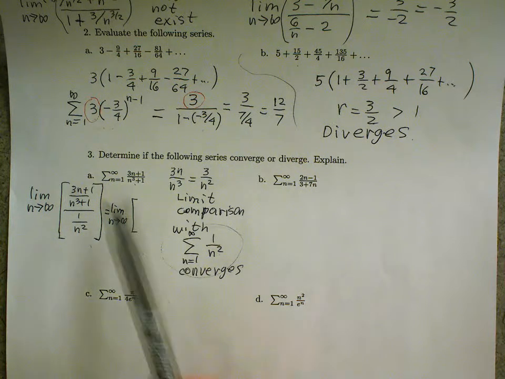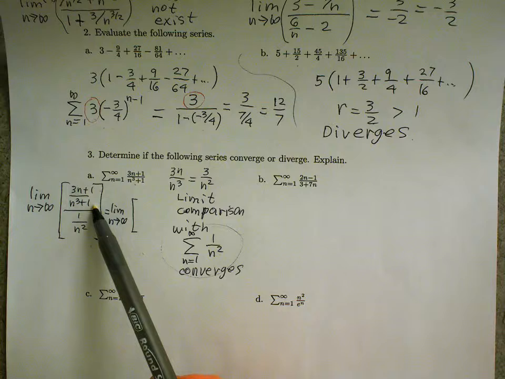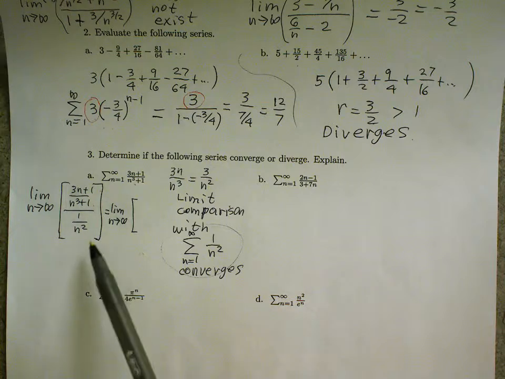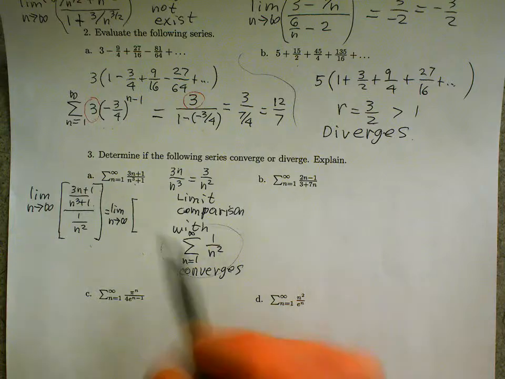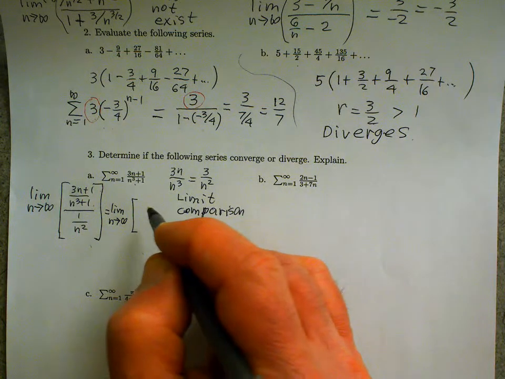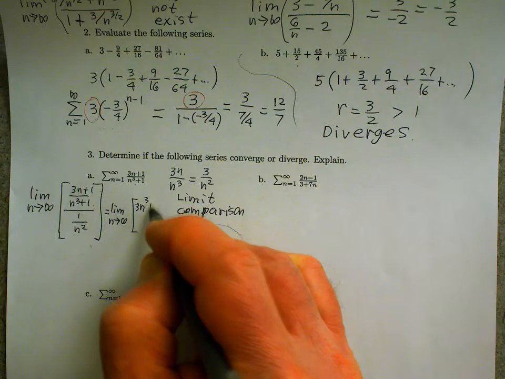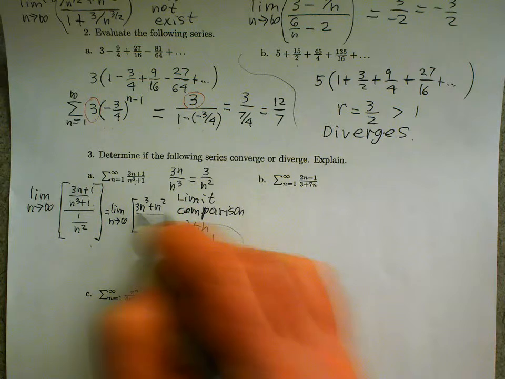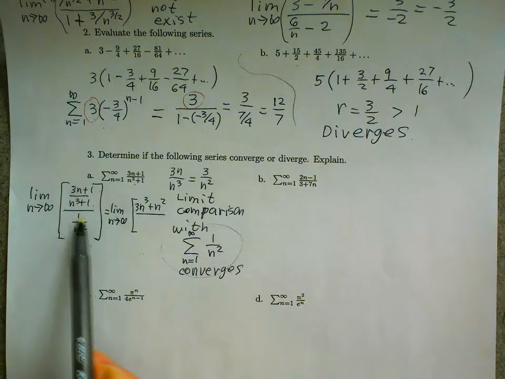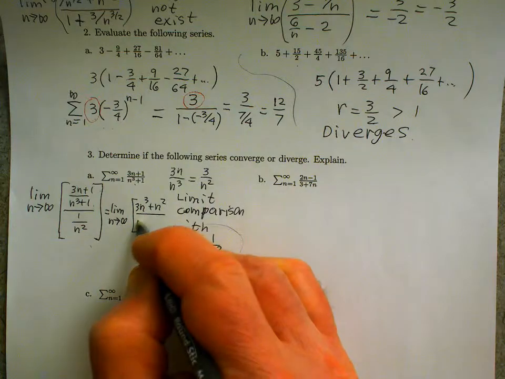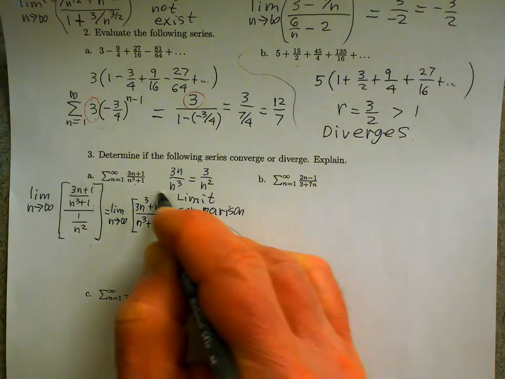So in other words, multiply 3n plus 1 over n to the third plus 1 by n to the second over 1. Do you see that? So when we do that, in the numerator, 3n plus 1 times n to the second is 3n to the third plus n to the second. And in the denominator, 1 times n to the third plus 1 is just n to the third plus 1.